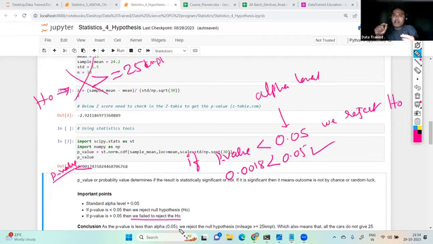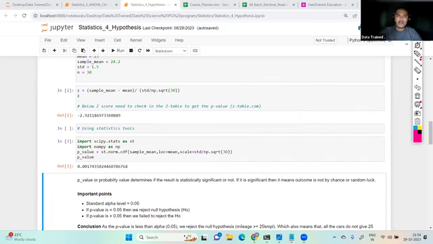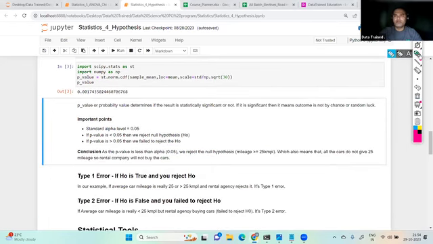That is when the p-value is greater than the alpha level, that is 0.05. In our case, the p-value is less than the alpha value, 0.05. So the conclusion is that yes, we will not buy the cars.